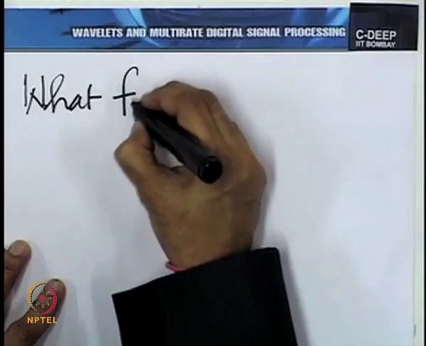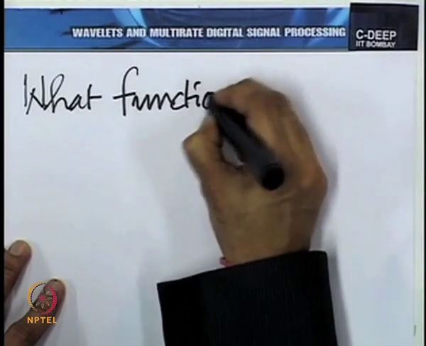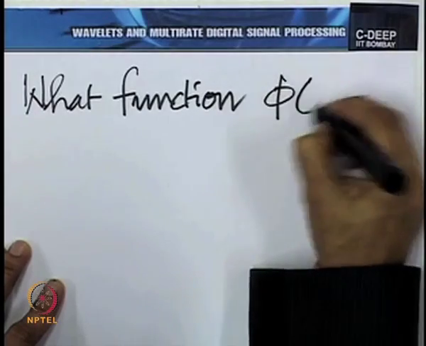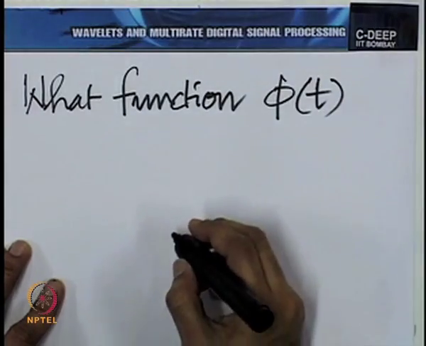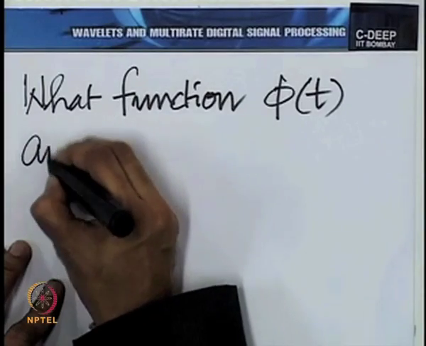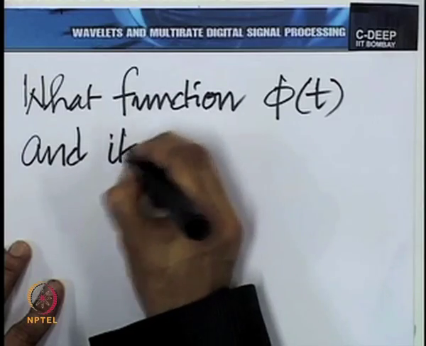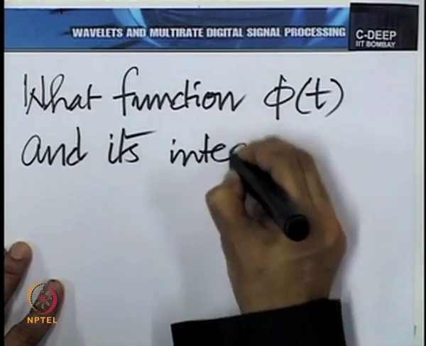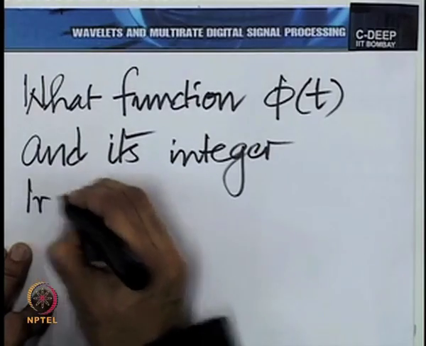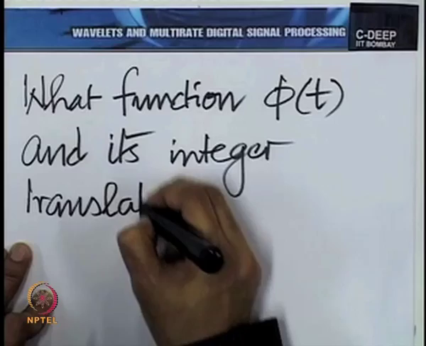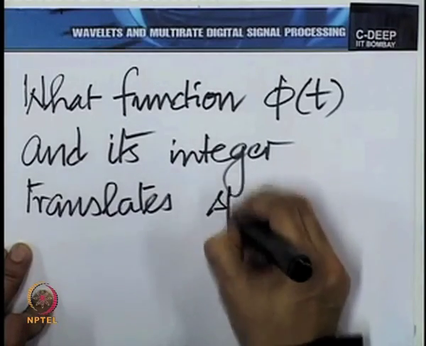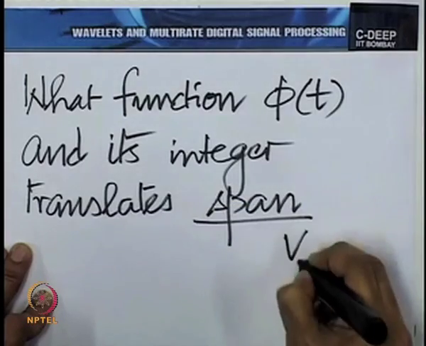So, now we ask a question which should make our life easy. What function, we asked this question before, but now we answer it. What function, suppose we call it phi t, and its integer translates span V 0?